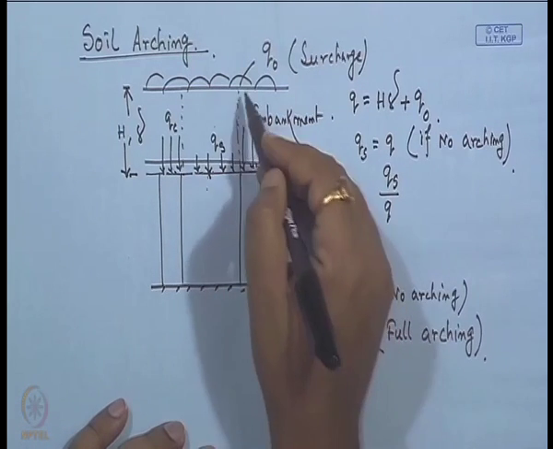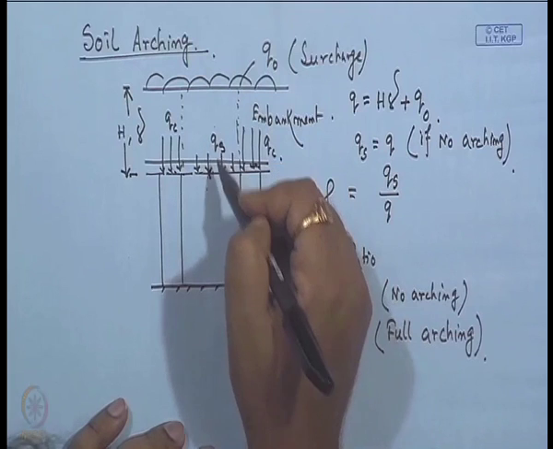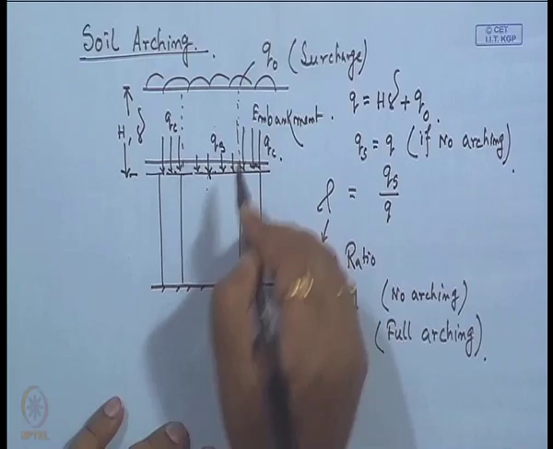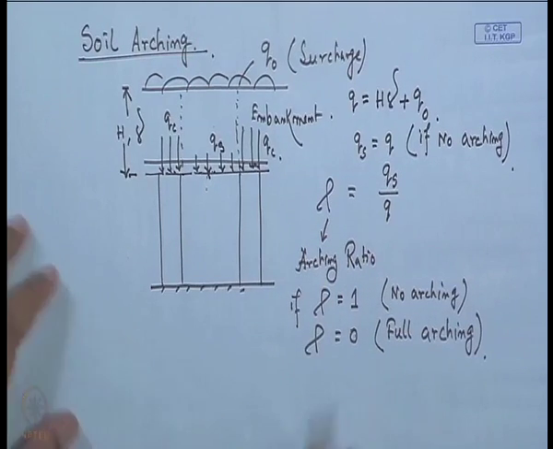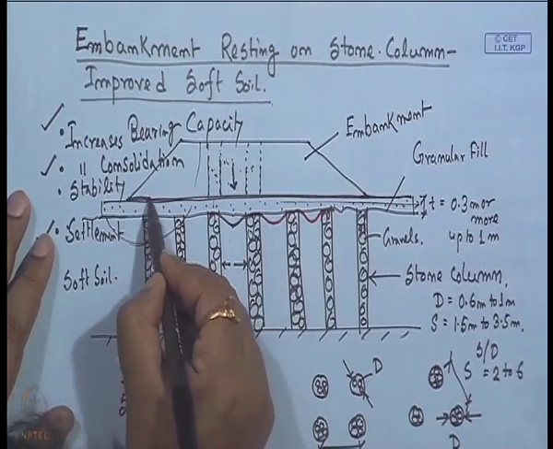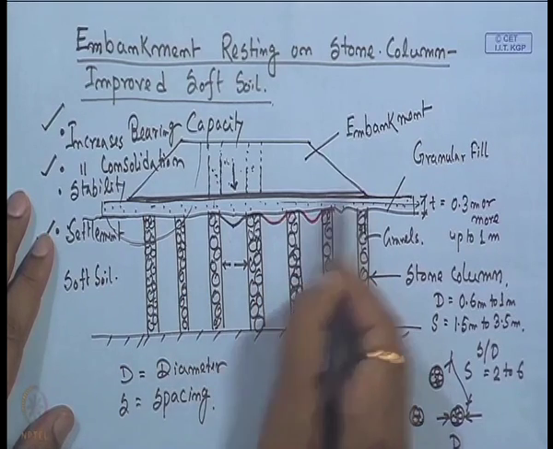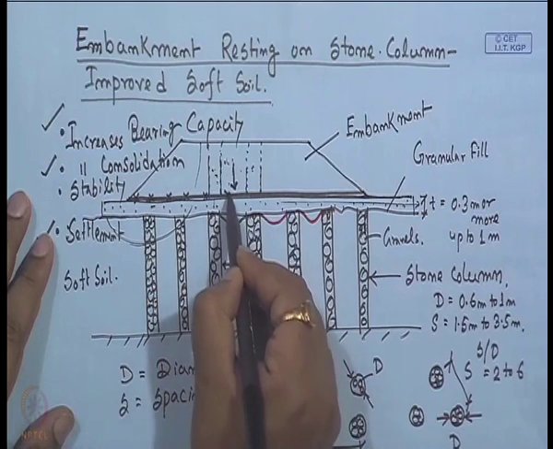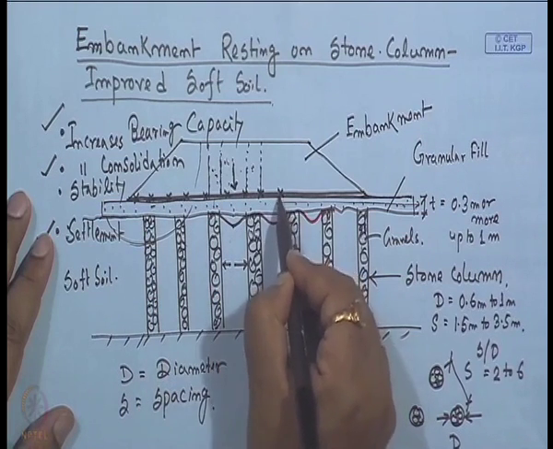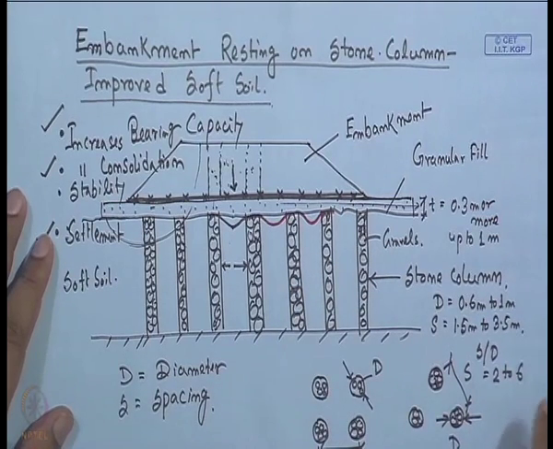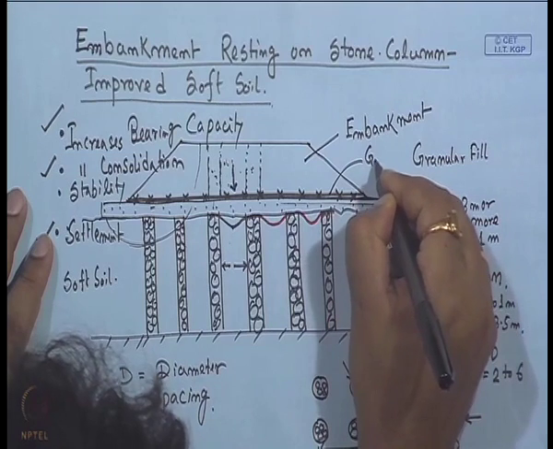So, that means the stress on the stone column and the stress on the soil are not the same because of this arching phenomenon. Now, sometimes in a stone column embankment, we can place a geosynthetic reinforcement layer at the base of the embankment.